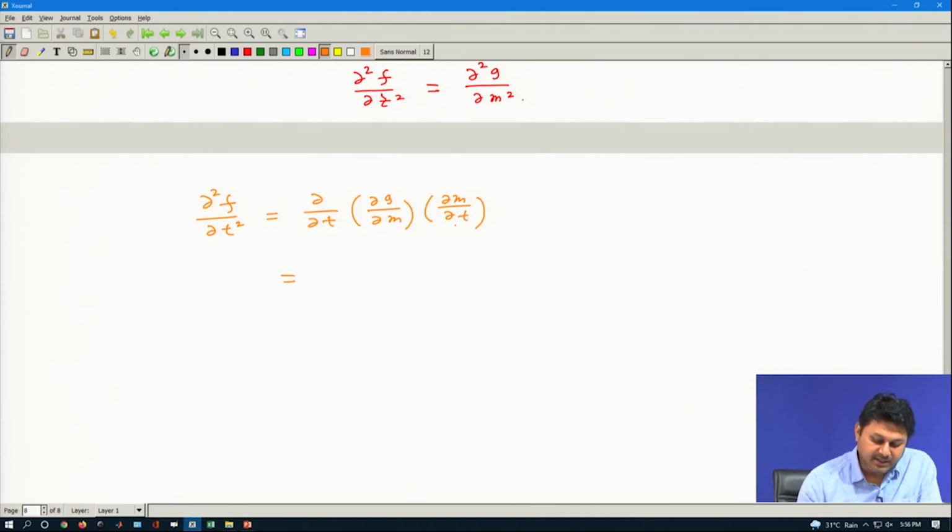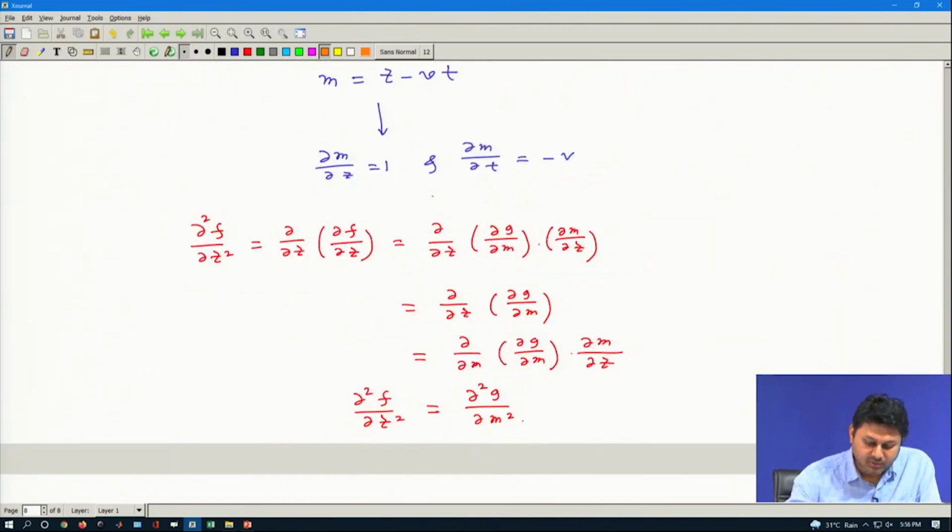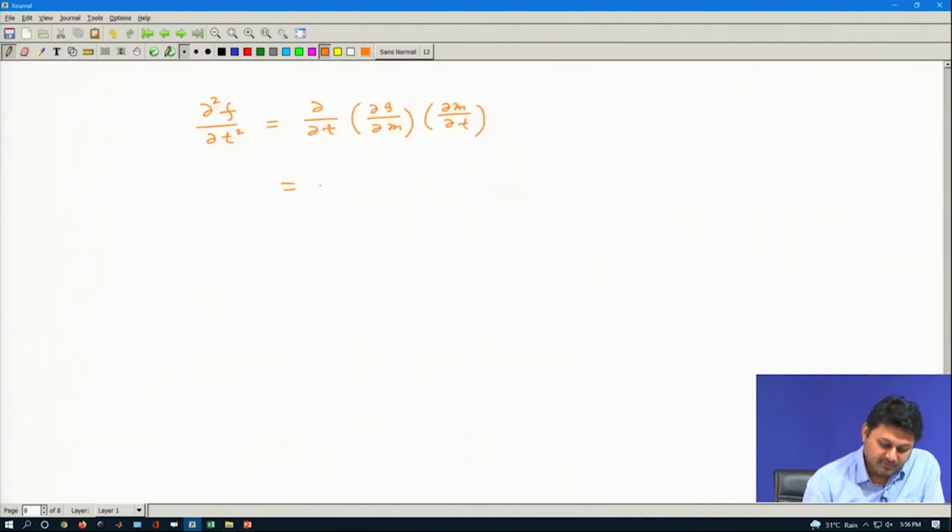This quantity dm/dt we know is minus v. So, I have minus v d/dt of dg/dm.